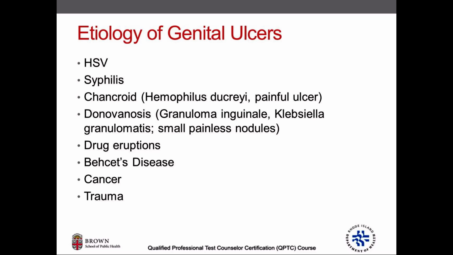There are also a number of other STDs that can cause ulceration. We talked a little about syphilis and HSV, herpes simplex virus, but there are others, including chancroid and donovanosis, which are very rarely seen in the United States but can be an important cause of genital ulcers and STIs. There are also a number of non-infectious causes of ulcers, which occasionally get mistaken as an STI.